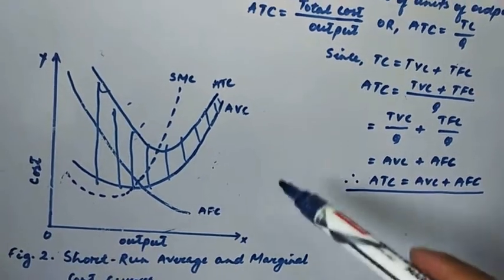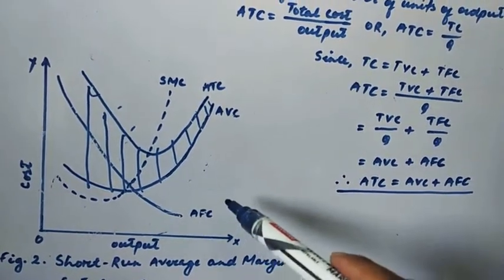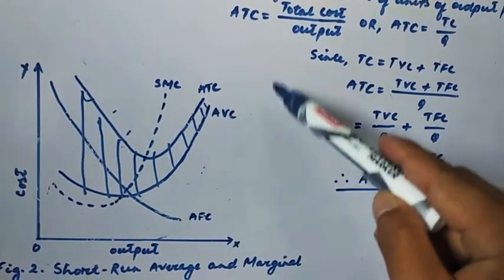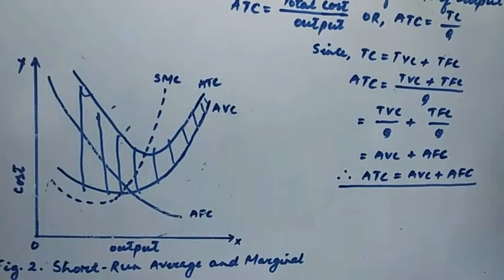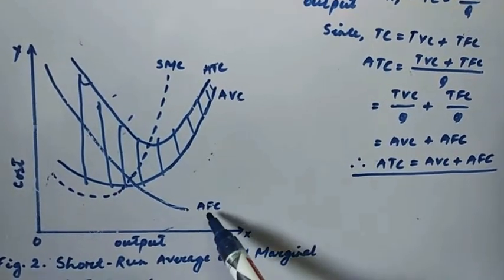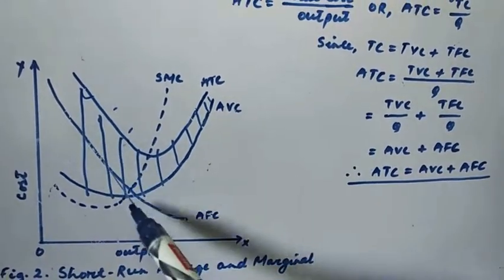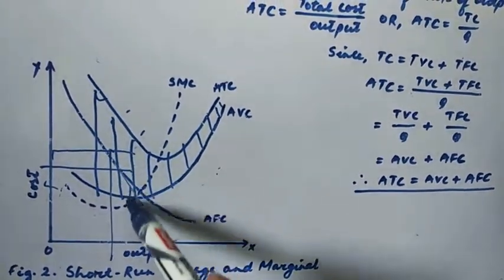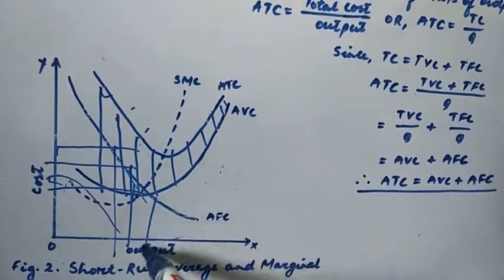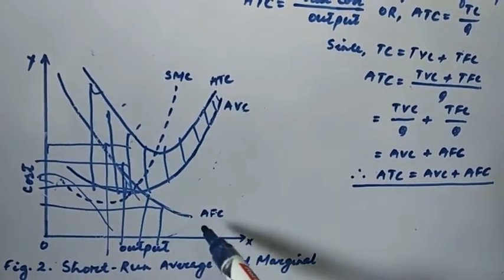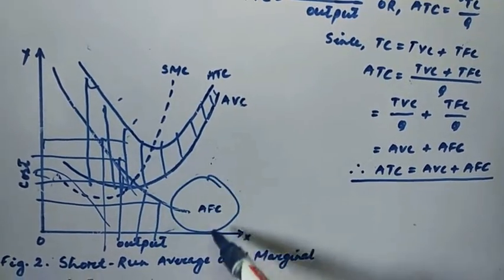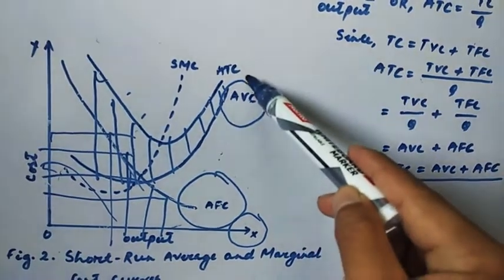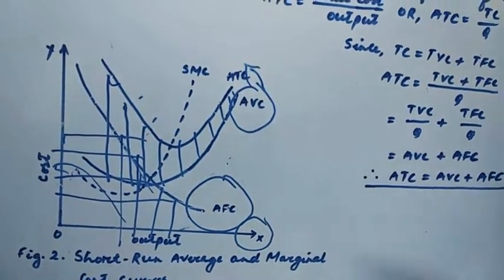And what happens between average fixed cost and average variable cost as output increases? As output increases, average fixed cost becomes smaller and smaller. And when this AFC is approaching the x-axis, average variable cost is approaching near average total cost.